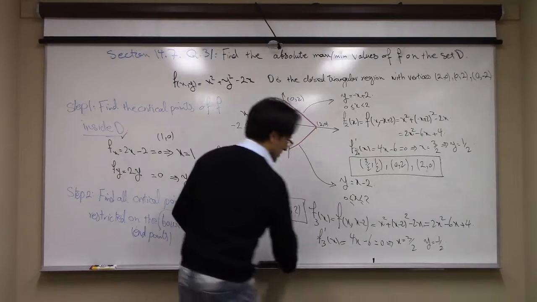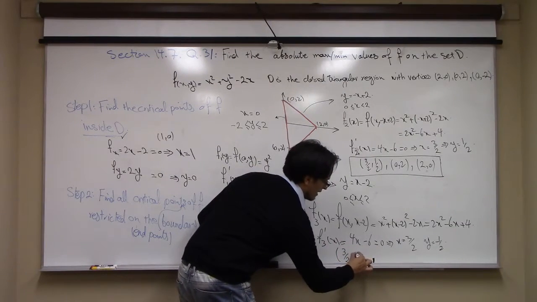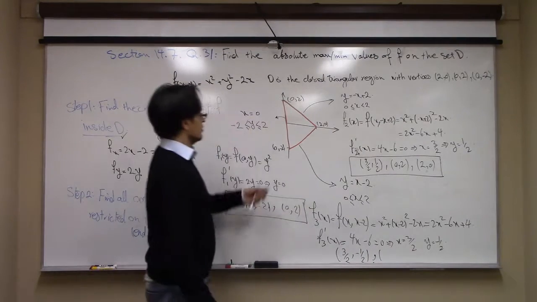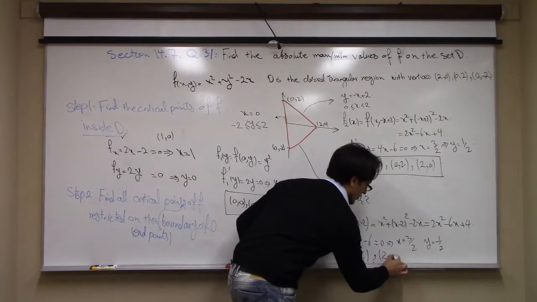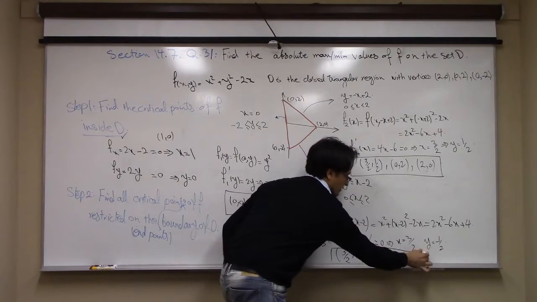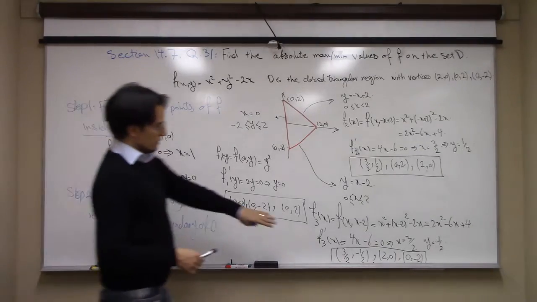So the new point here is x is 3 over 2, y is negative 1 over 2. The critical points, the endpoints you pick, and you're going to get (2, 0) and (0, negative 2).